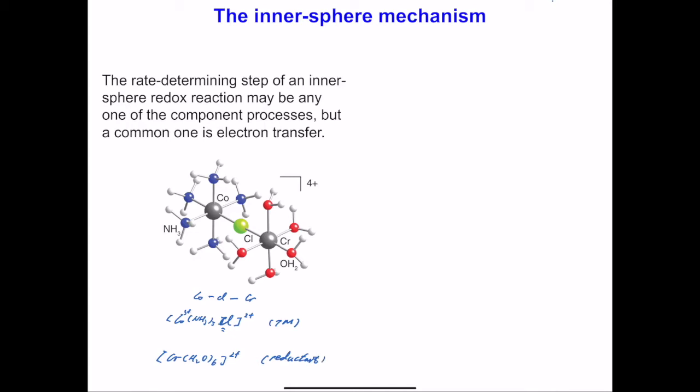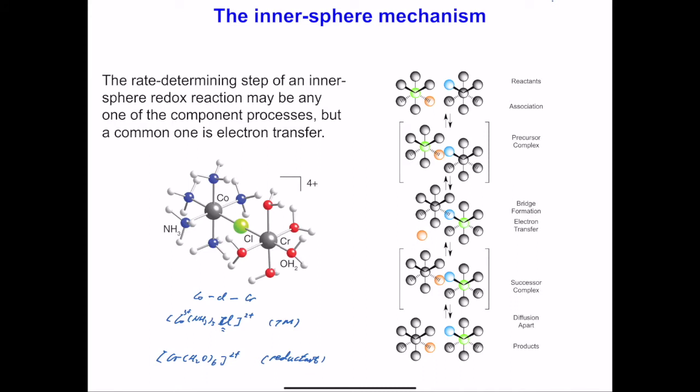I'm going to show you how the chromium reduces this cobalt pentaammine chloride complex through the bridging chloro ligand. Here is chromium with its water ligands, and here is our cobalt complex with the chloride.